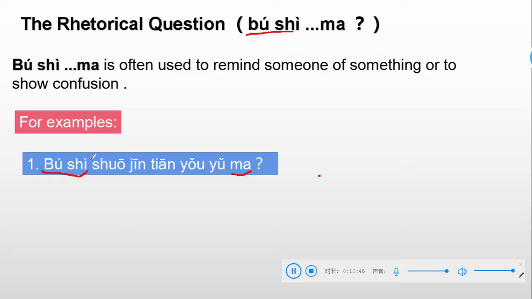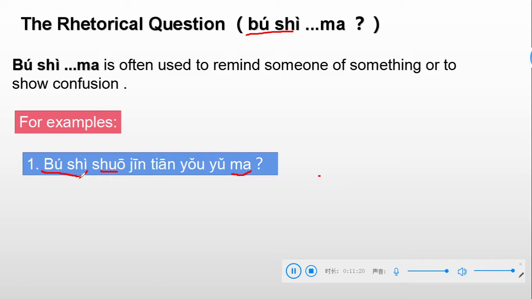Now let's focus on the middle part. 说, remember? 说 means to say, to speak, to talk. 今天有雨 is a sentence we learned in level 1 class. It means it rains today. 说今天有雨, say today there is rain.